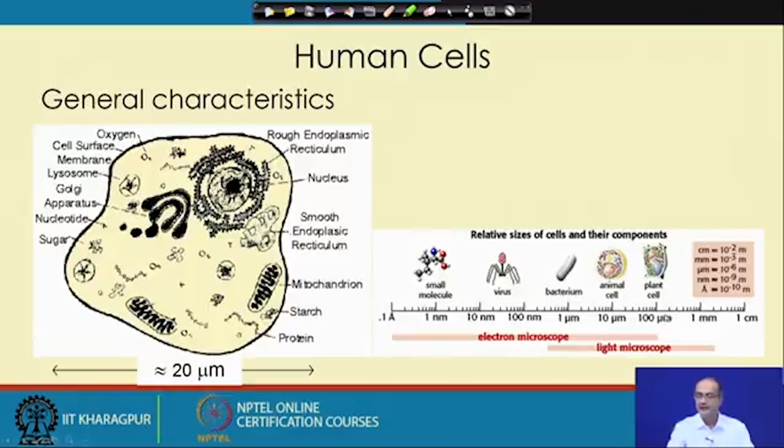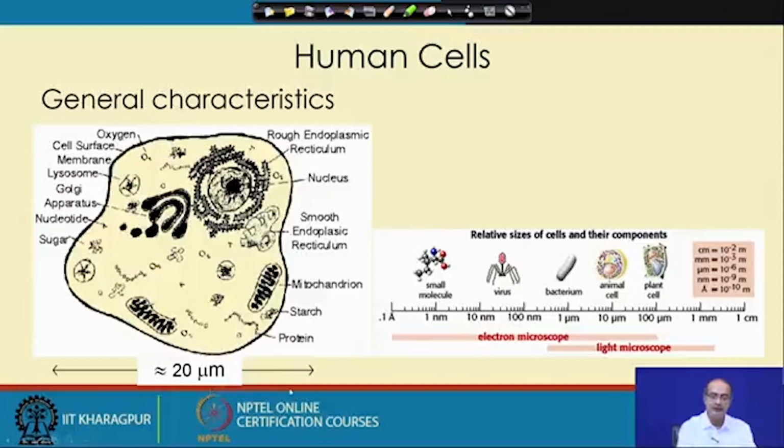When we talk about cells, we usually use the unit Angstrom, which is 10 to the power minus 10 meter.